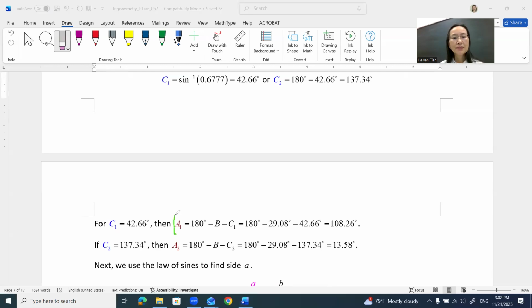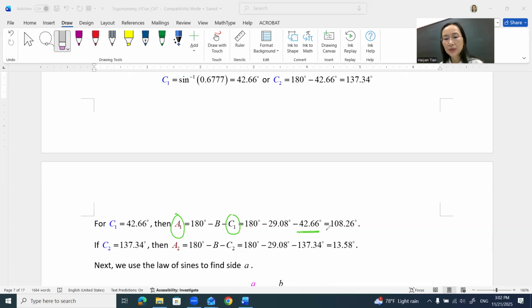So the A, when the C is an acute angle, A will be 180 minus B minus this acute angle, right? 180 minus the B, which is given, 29.08, and minus this acute angle, we get a possible value for A. So that is the A when C is acute.